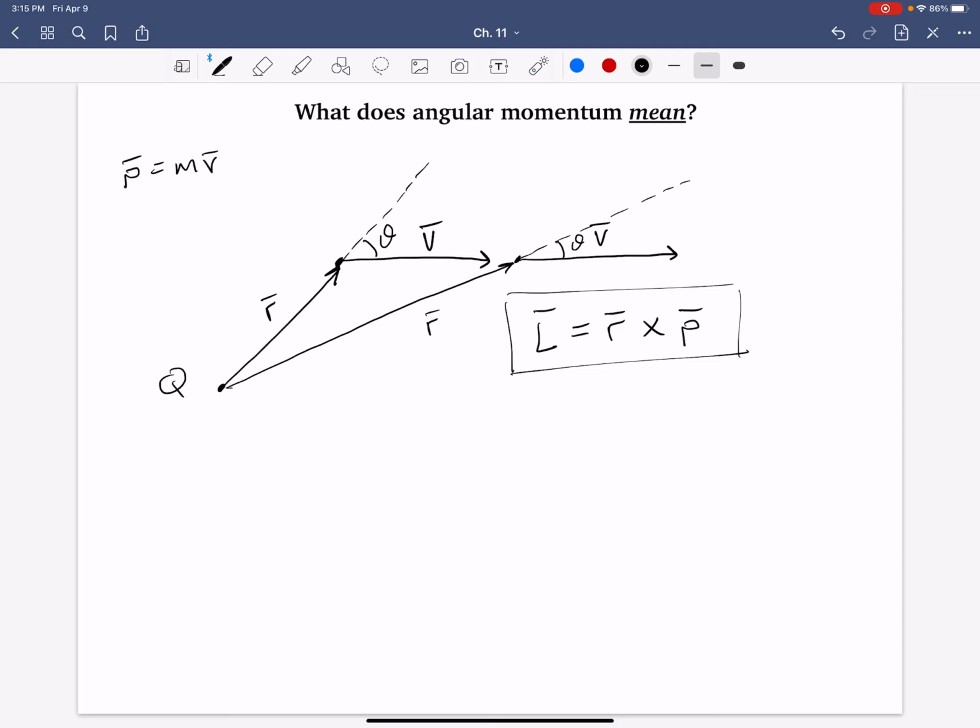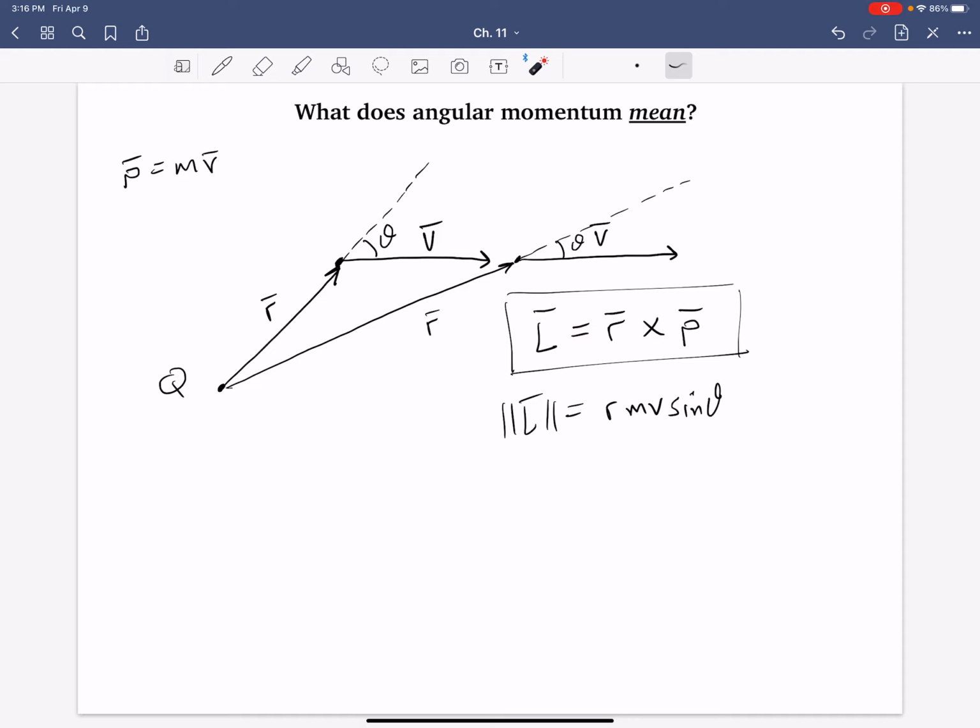So if you were to take the magnitude of this, by the way, that's where the angle comes into play. The magnitude of the first vector is just r. Magnitude of the second is m times v, the speed now, and sine of the angle in between. Okay? So if any of these, r, m, v, or theta change, then overall the angular momentum changes.